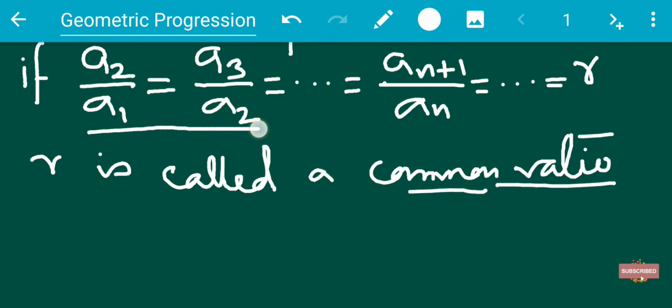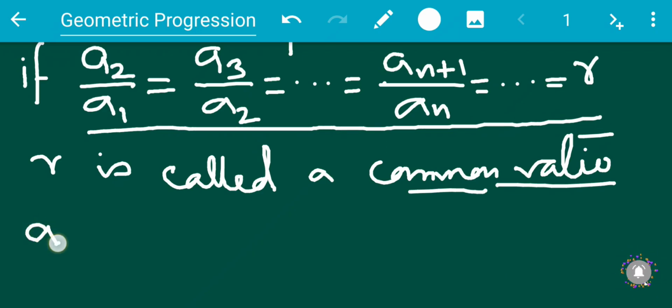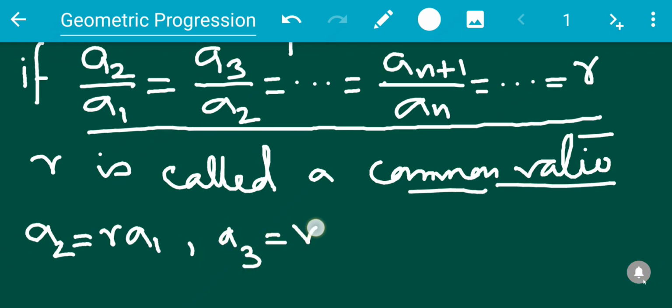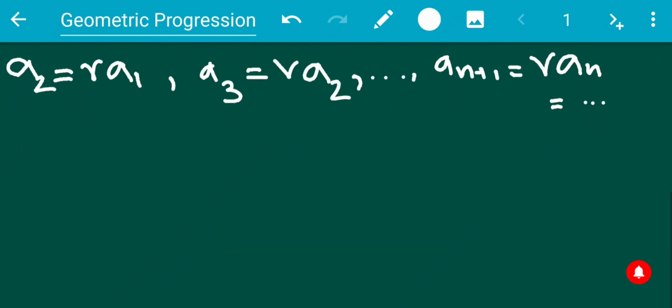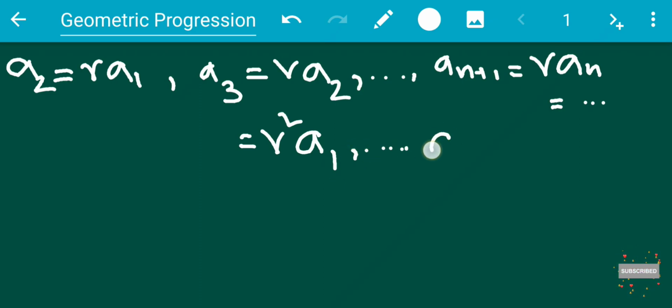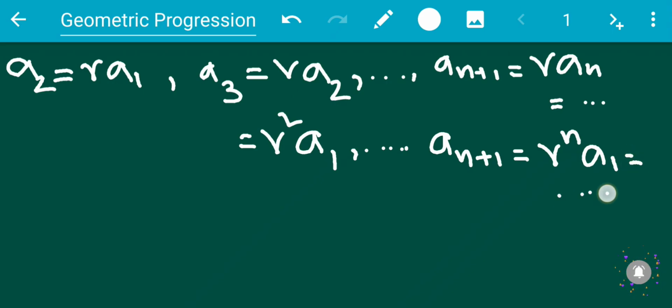Now looking at this, if you follow clearly, a2 is equal to r a1, a3 is equal to r a2, a(n+1) is equal to r an, and so on. Now if you observe clearly, a2 is okay, but a3 is again r a2, so you can write it as r square a1, and a(n+1) is equal to r^n a1, and so on.